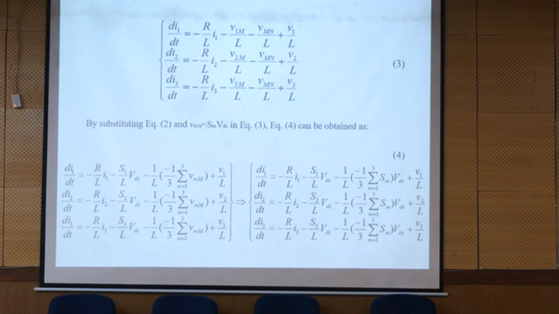So if you go here, we replace this one, which is S1 VDC, S2 VDC. So we have an S VDC here. Do you agree? Okay. And then we have actually this V1 over L.